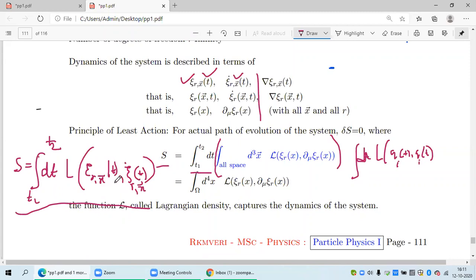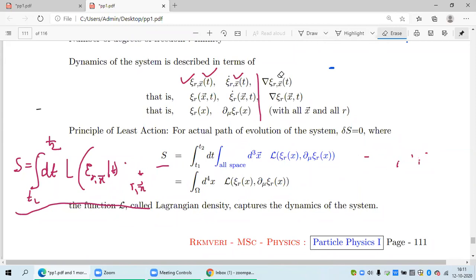But since x is a continuous variable or parameter, whatever you say, therefore this quantity L, with psi dot and all x's, now I can write it in this way.